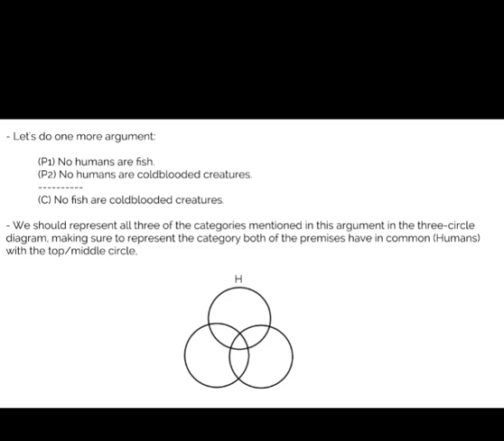But you know what to do next, right? You look for the middle term. You look to see what they both have in common. And they both have in common humans. Yeah, exactly. What's in common, and in this case, that's humans. So you put that in the middle. That's what they both have in common. It's humans. And then what do we put down here?